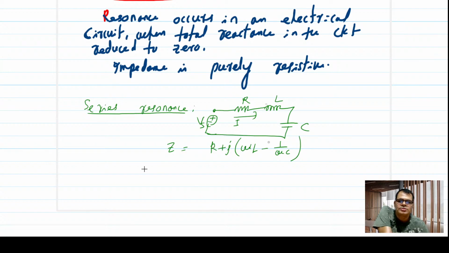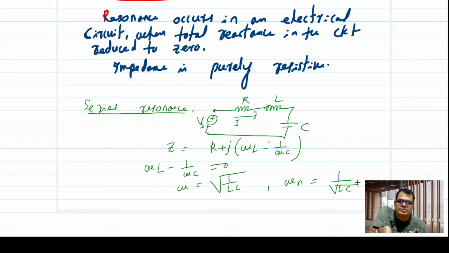So omega L minus 1 upon omega C equals 0, so omega equals 1 upon root LC. This is the resonance frequency omega n, which is 1 upon root LC.